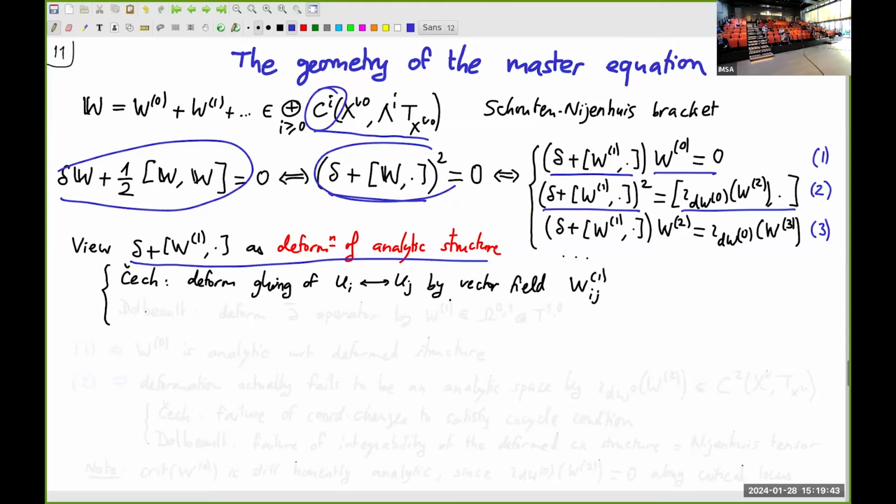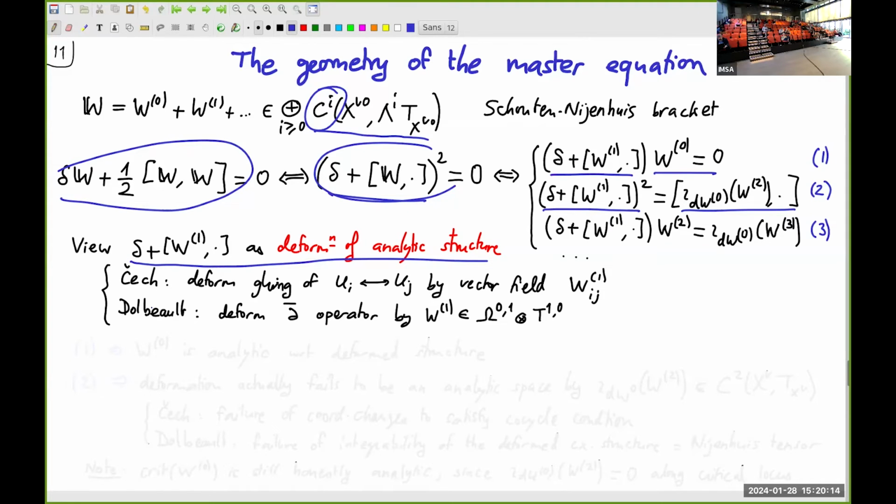If I use Čech cochains, I will deform the gluings between two different charts in my open cover by the vector field, which is the value of W1 in that overlap. If I'm doing Dolbeault cohomology, then I will deform the del bar operator by W1, which is now a 0-1 form with coefficients in the holomorphic tangent. Except I'm non-Archimedean, so I should be doing tropical Dolbeault cohomology and so on.